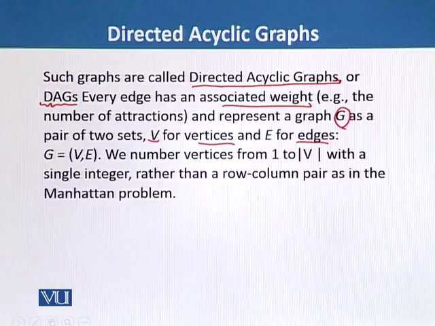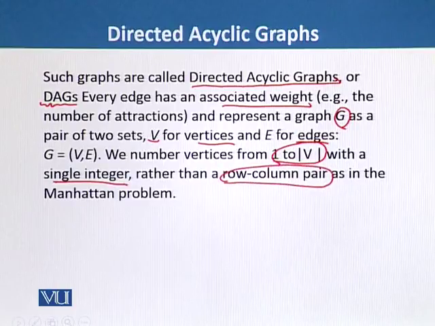We number vertices from 1 to V with a single integer rather than a row-column pair as in the Manhattan problem. As we have seen in the Manhattan problem, we always use pair numbers, for example I and J, where I is the row and J is the column.